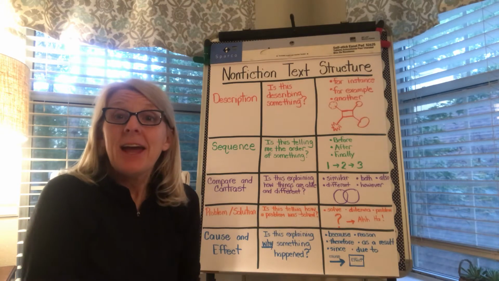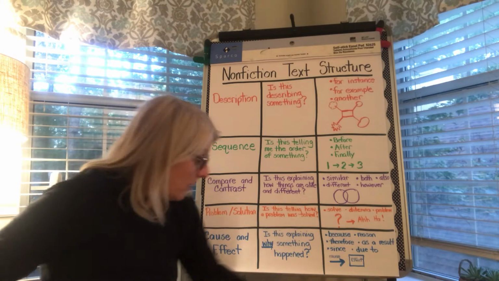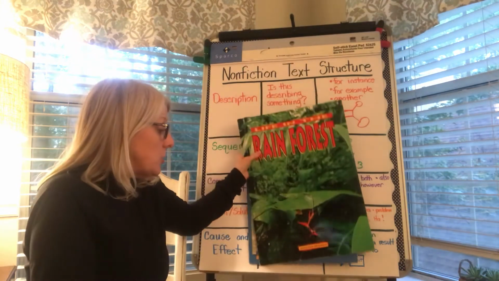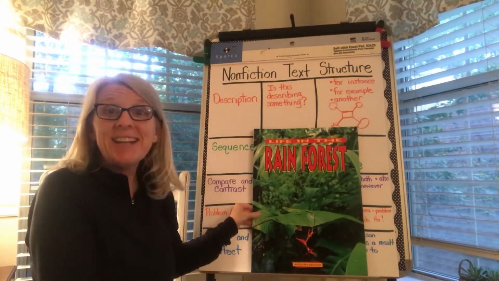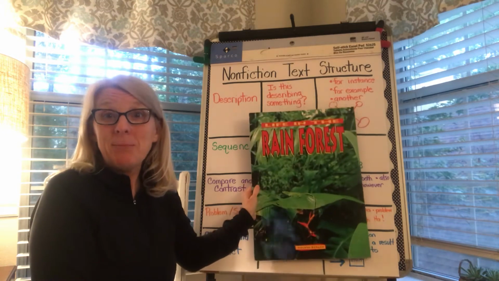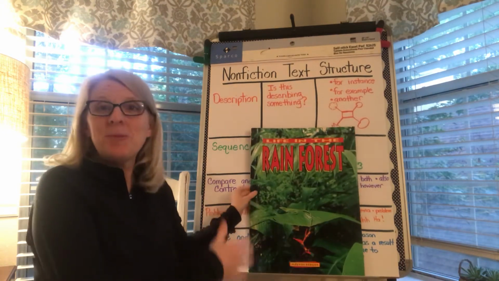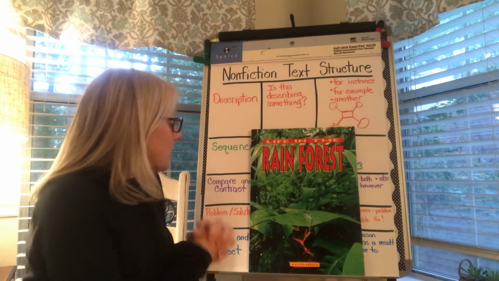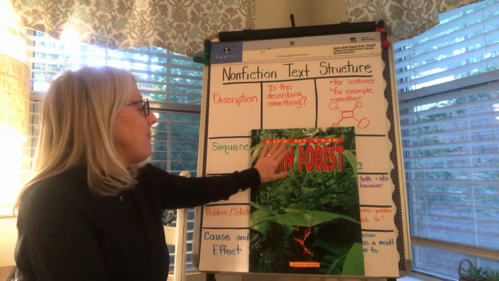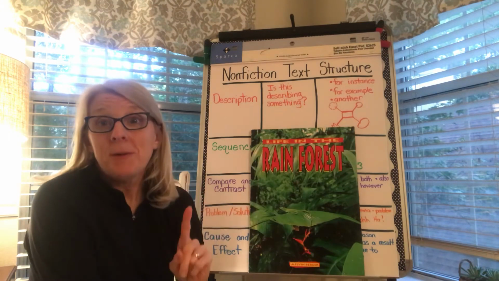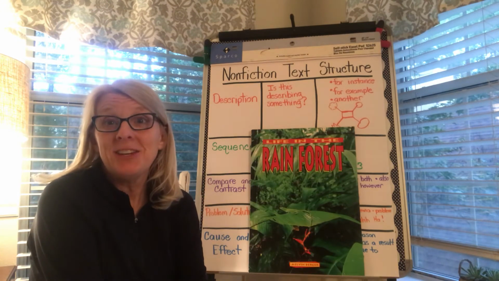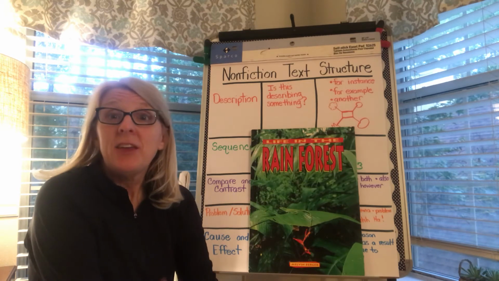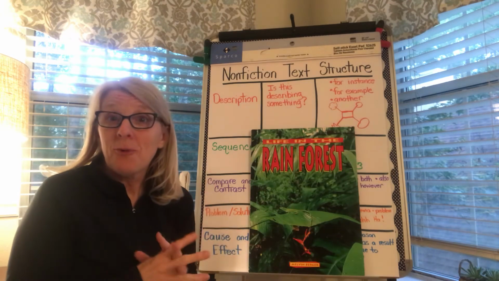So today I want to show you some examples of description nonfiction text. Now I brought in my big books so that you would be able to see a little bit better what we're going to look at. So I have this book, it's called Life in the Rainforest. Now if you remember, we talked about earlier in the year that when we are reading a nonfiction text, the authors are pretty straightforward.